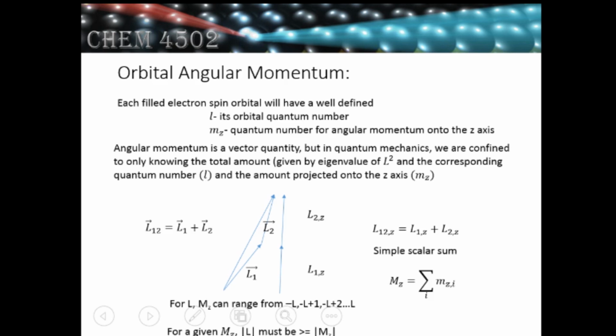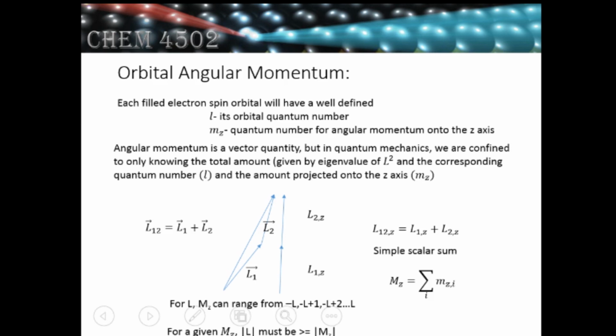Right? So if we have L1 sub z plus L2 sub z, we'll get the total amount projected on the z-axis. If we add all of the orbital angular momentum projected onto the z-axis together, we'll get capital M sub L. And this is pretty simple to calculate.